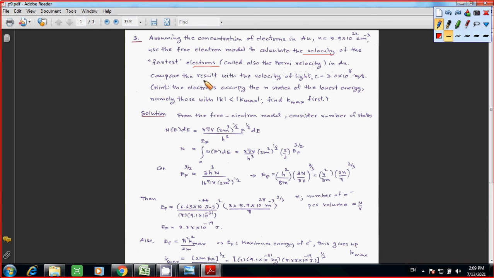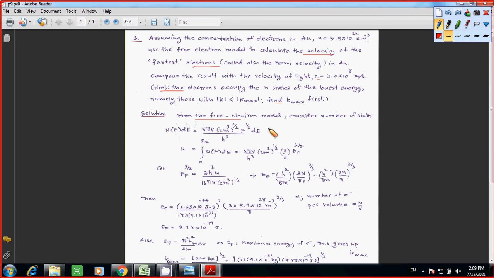Compare the result with the velocity of light, which is c equals 3.0 times 10 to the 8 meters per second. Hint: the electrons occupy the states of the lowest energy, namely those with the magnitude of k less than k max. Find k max first.